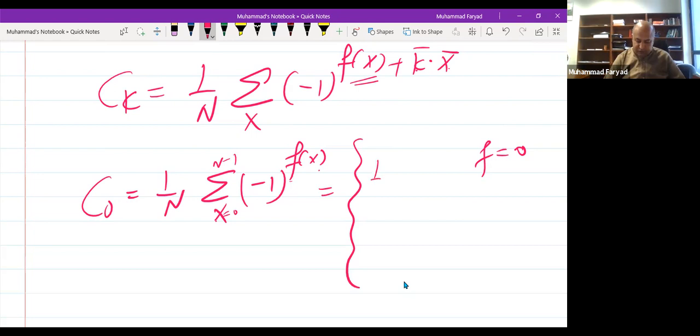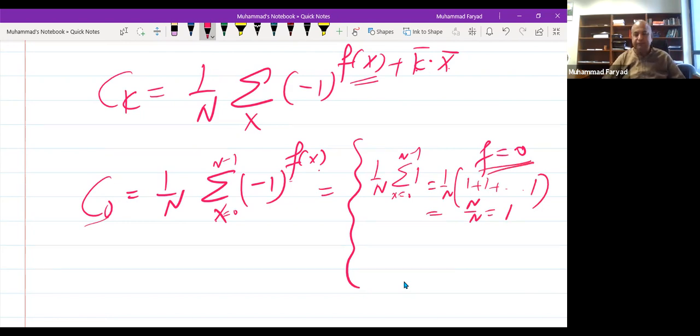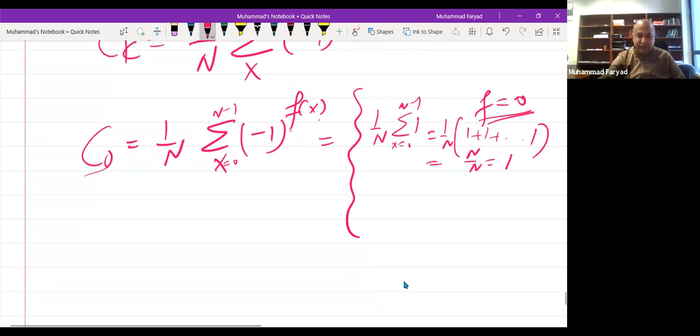So I have 1 over n sum over all 1, with the sum going from x equals 0 to n minus 1, which is nothing but 1 over n times 1 plus 1 plus 1, n times. And this is equal to n over n, equal to 1. So it means my c0 is 1 if f is 0. Now let's see what happens if f is 1.